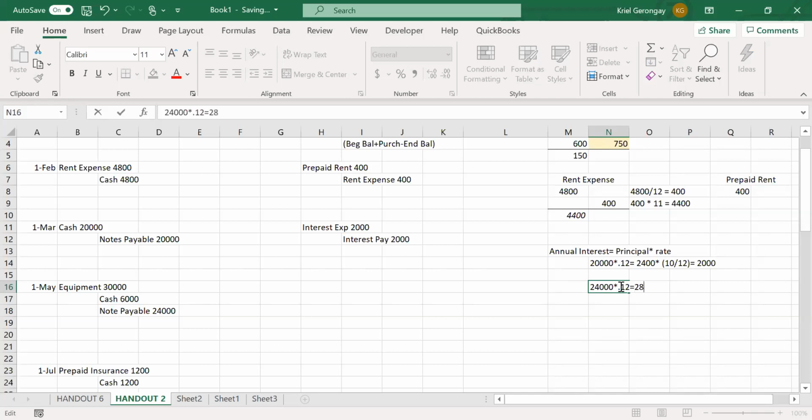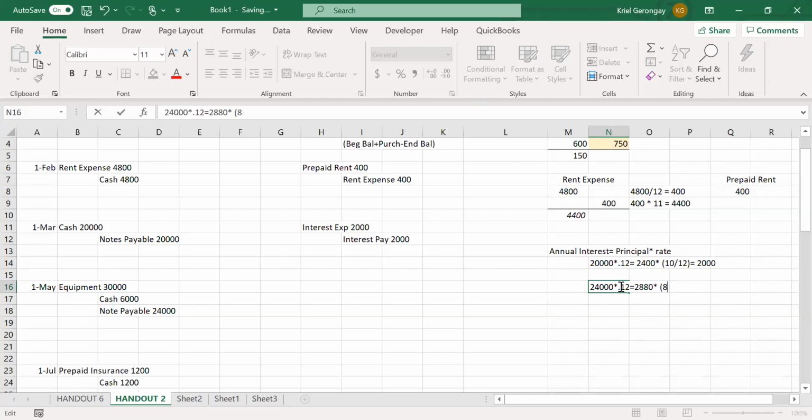So the annual interest is 2,880. From May to December, how many months? May, June, July, August.